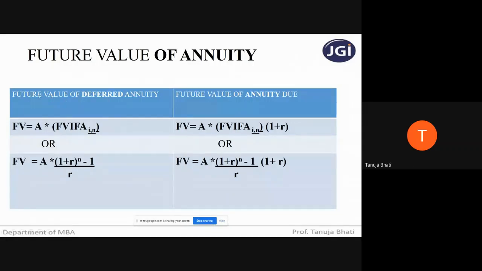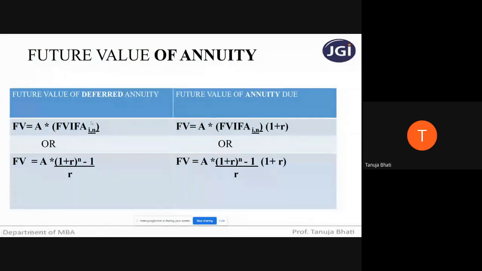Now, if you have to calculate the future value of a deferred annuity, the formula is future value equals A into future value annuity factor (I, N). Now, what is the meaning of this? Let me just explain.